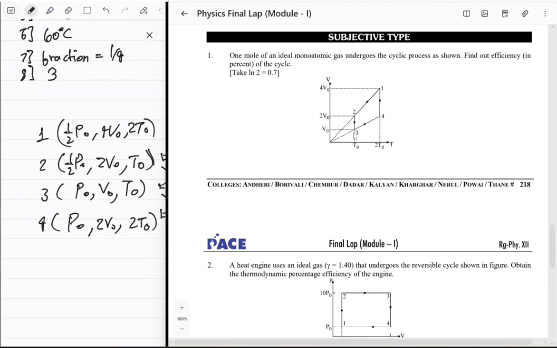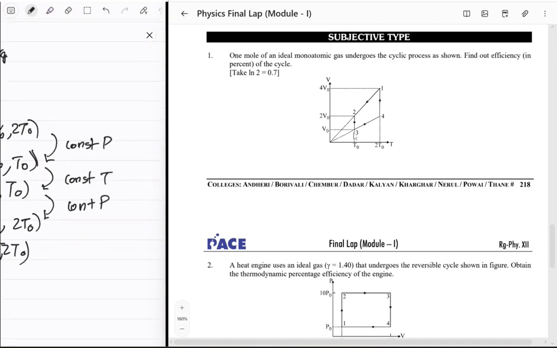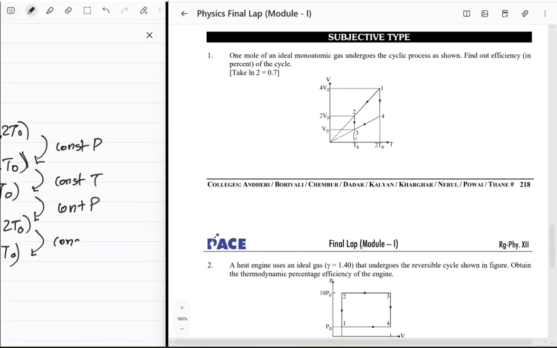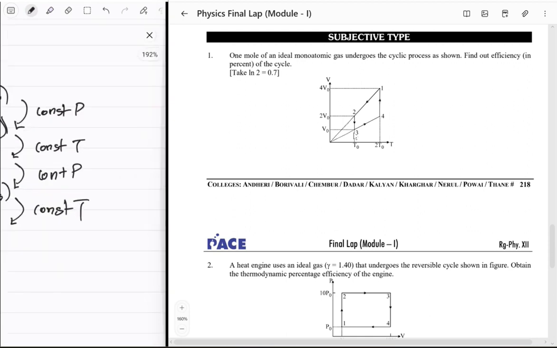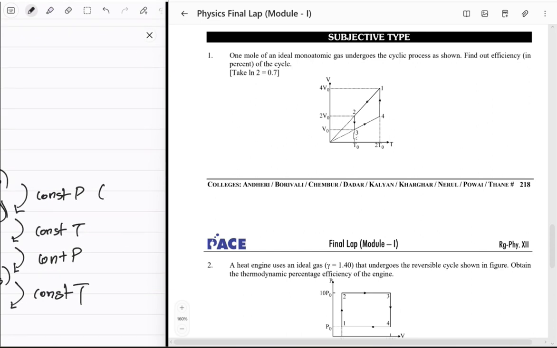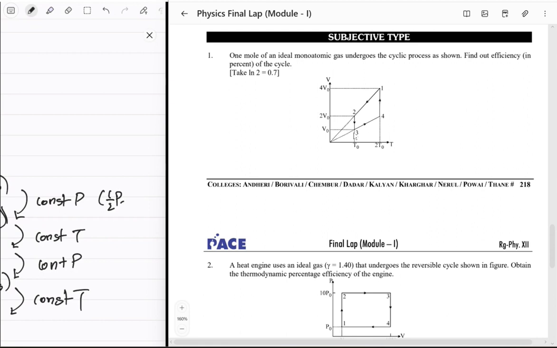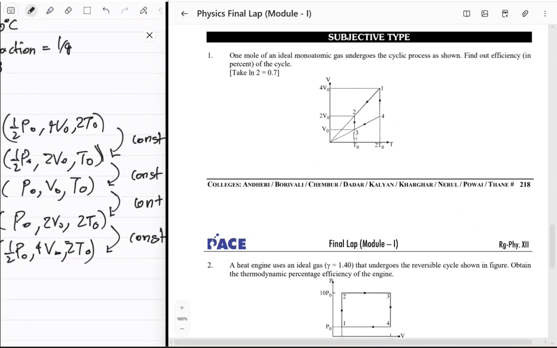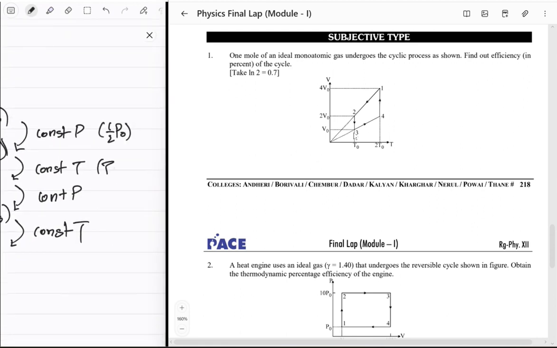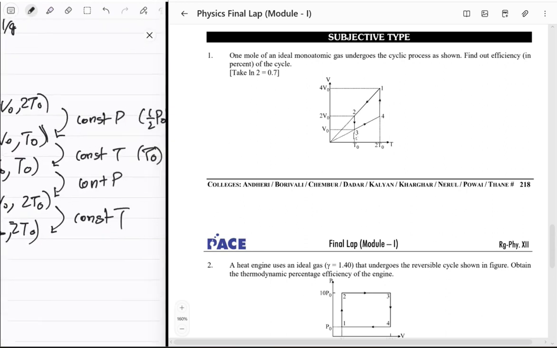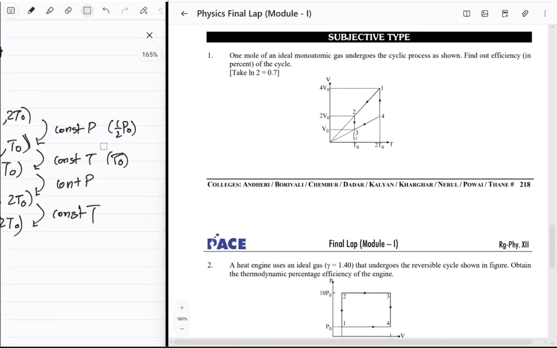I'm writing 1 again: 1 upon 2 P naught, 4 V naught, 2 T naught. 4 to 1 is constant temperature, which is T naught? And the constant pressure is 1 upon 2 P naught. We will do it later, no big deal.